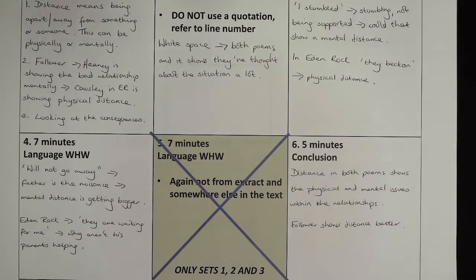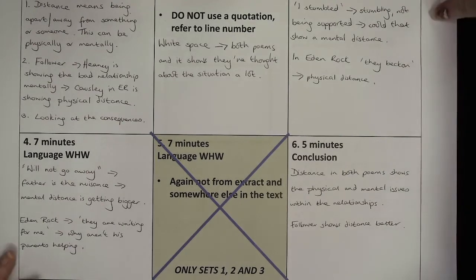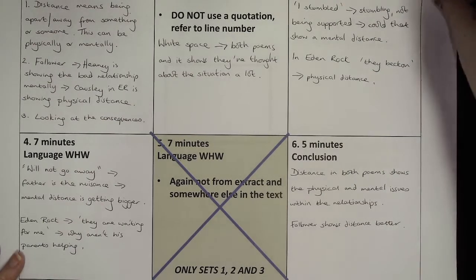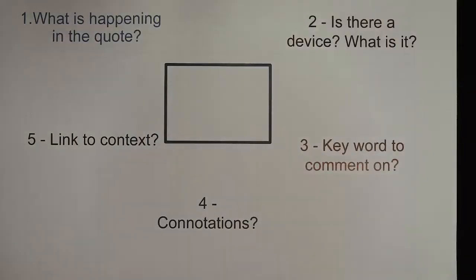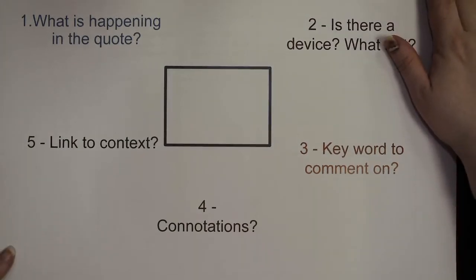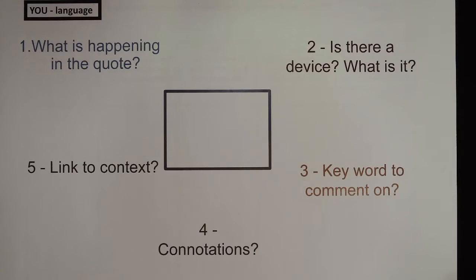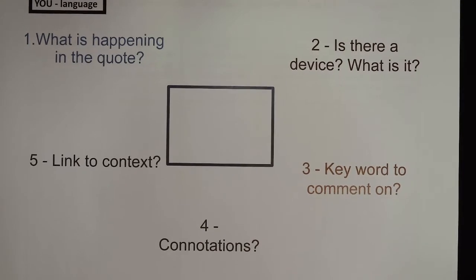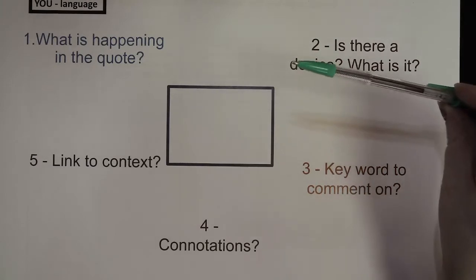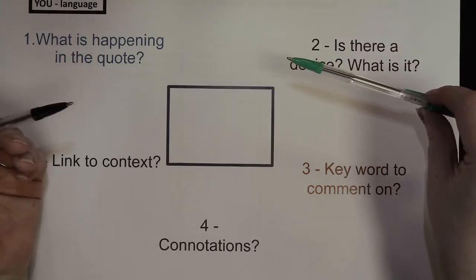So we've now done our plan, but that obviously isn't everything you do when you're planning. The next thing that you do is your quote explosion. So I'm going to show you how to do a quote explosion now as well. I'm going to focus on language because it's easier to get the language marks. I'm going to use two different colour pens. My green is going to be for Eden Rock, my black is going to be for Follower.